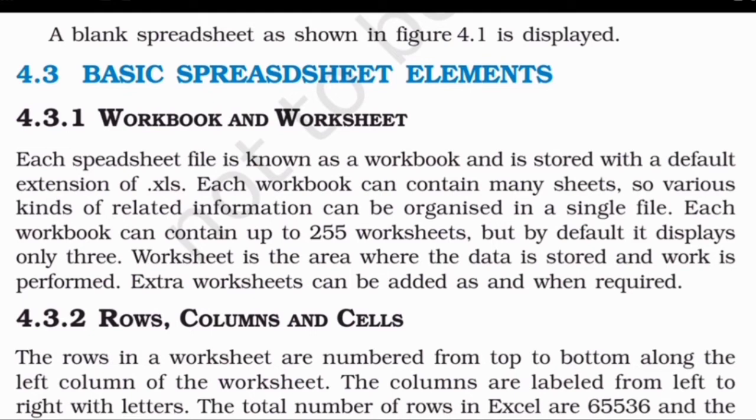Each workbook can contain up to 255 worksheets, but by default it displays only 3. A worksheet is the area where the data is stored and the work is performed. Extra worksheets can be added as and when required.